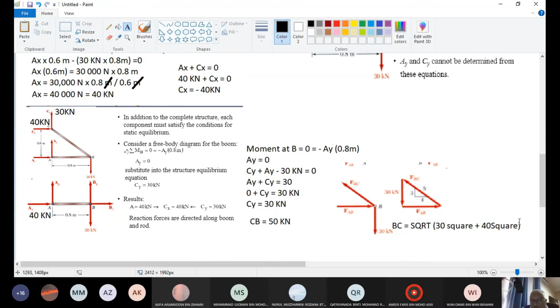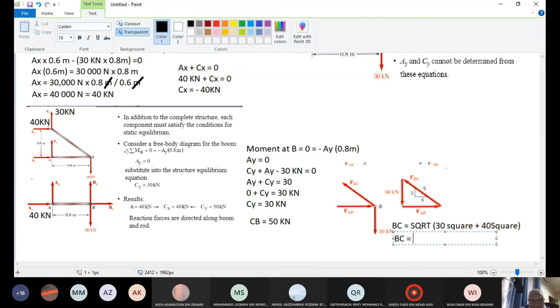You end up with BC equal square root of 900 plus, because 30 square will be 900, 40 square will be 1600.